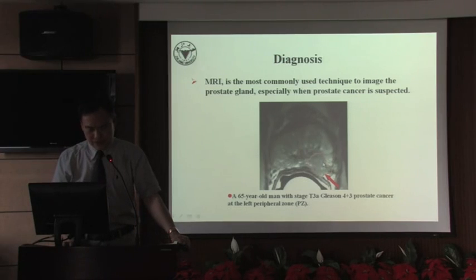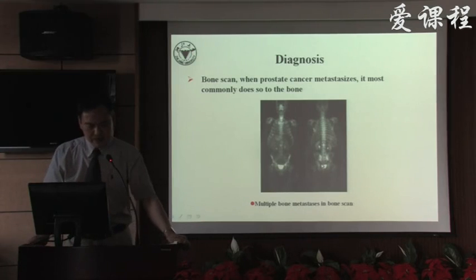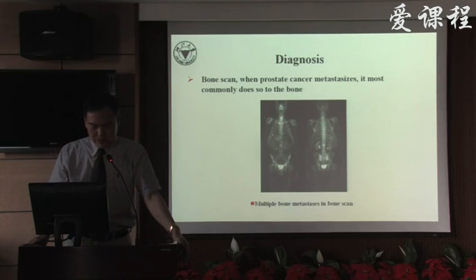This is a 65-year-old man with stage T3a, Gleason score 4+3 prostate cancer at the left peripheral zone. And bone scan will be used when prostate cancer metastasizes. So look at the picture here. It shows multiple bone metastases in bone scan.